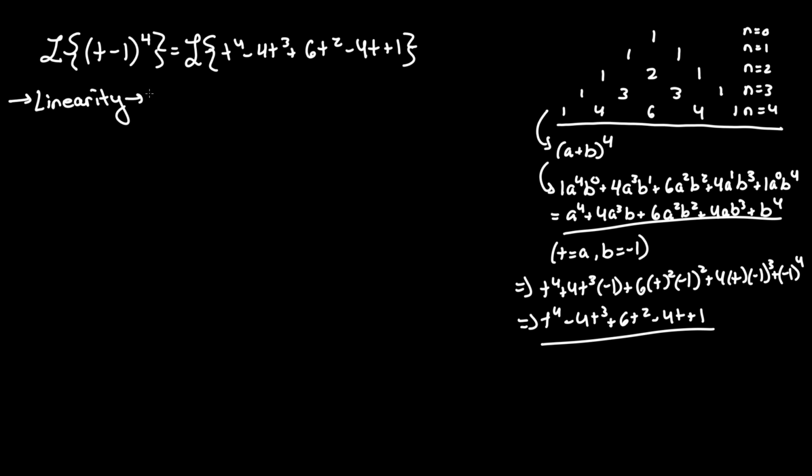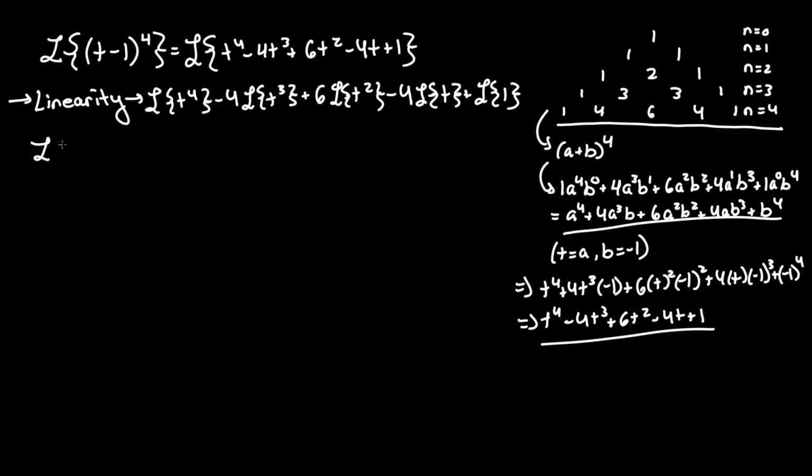So Laplace of t to the 4th, minus 4, which we can leave as a coefficient, Laplace of t cubed, plus 6 Laplace of t squared, minus 4 Laplace of t, plus Laplace of 1.